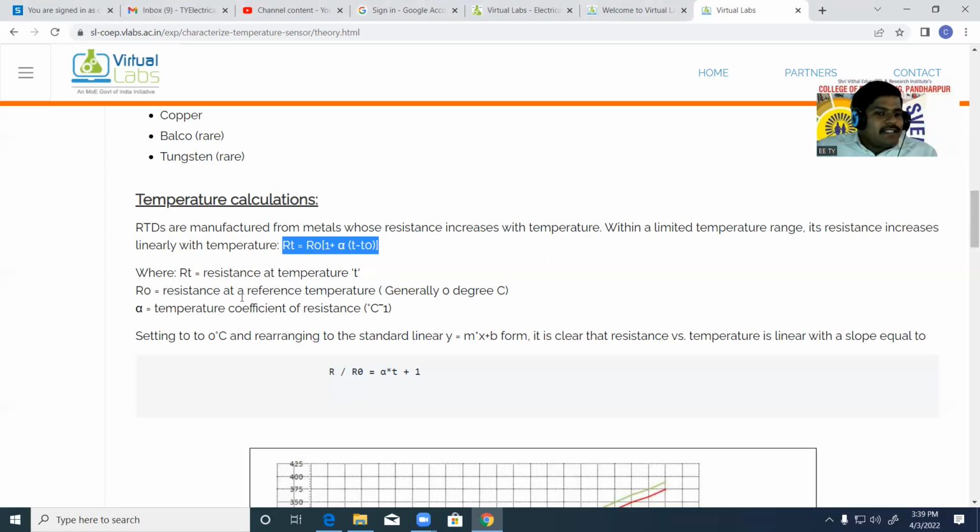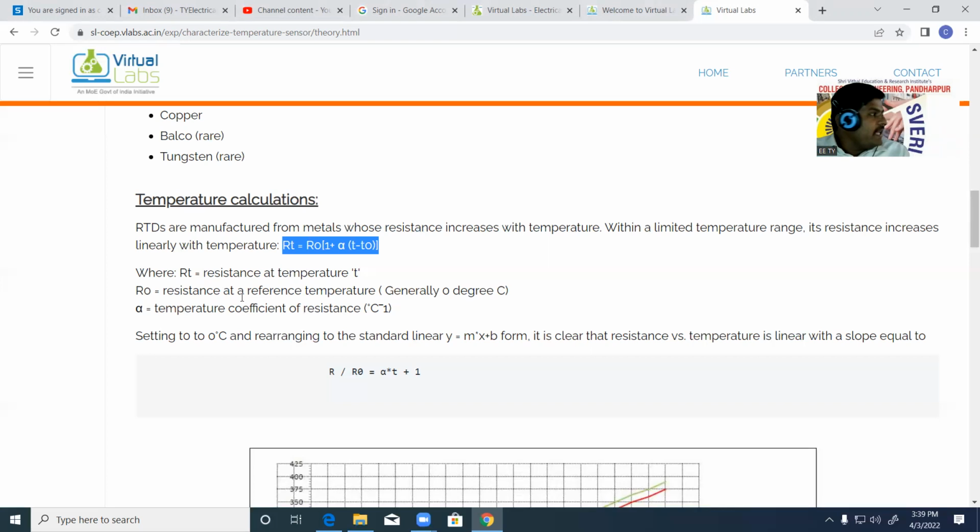R0 is the resistance at a reference temperature, generally 0 degree Celsius, and alpha is the temperature coefficient of resistance, in degree Celsius inverse.